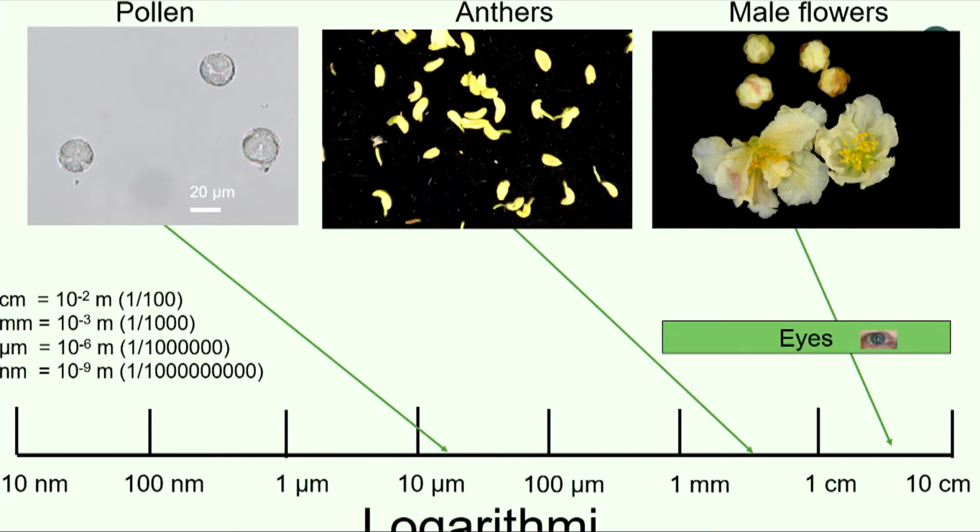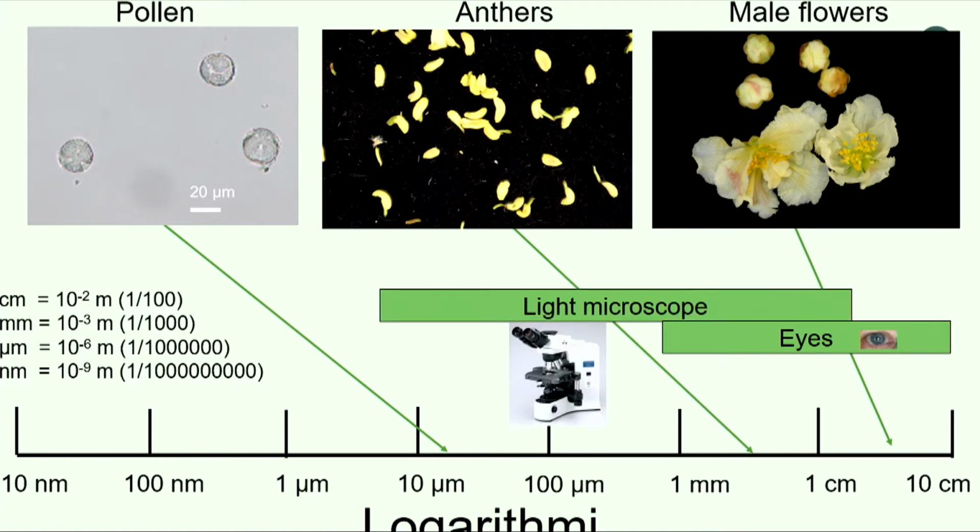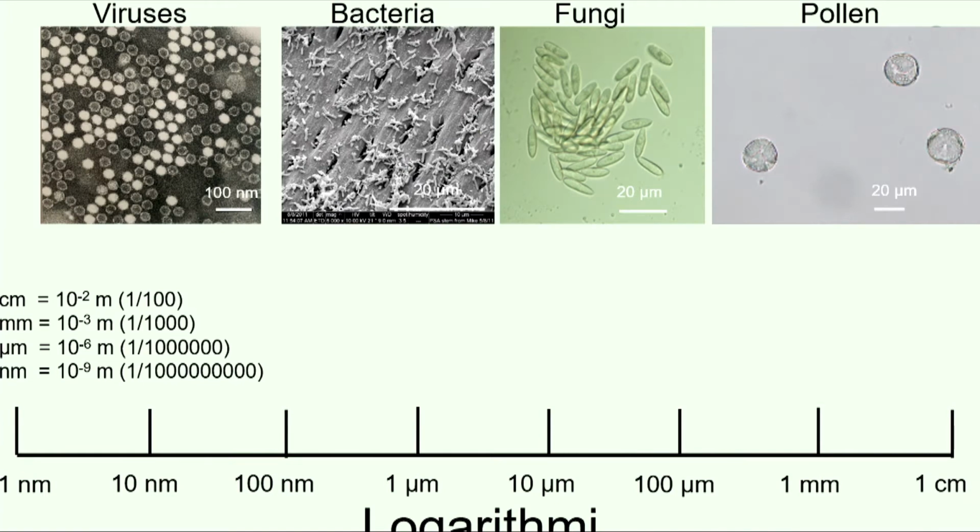And we can see, of course, anthers in male flowers unaided, but to see individual pollen grains, we need a light microscope. So moving down to where the pathogens are, there's pollen again at 30, but the fungal spores are around about 15 micrometers in length for this particular fungus.